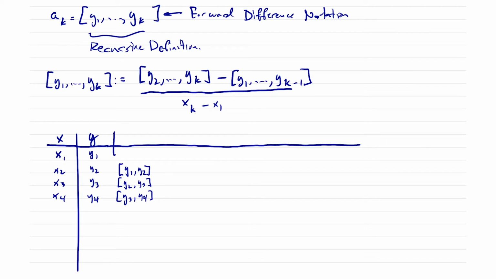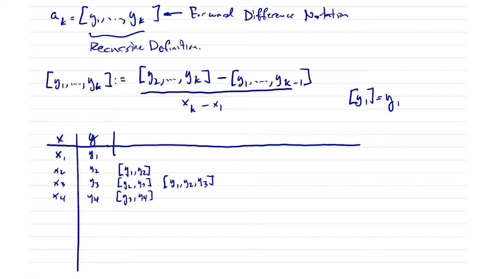And by the way, I should also mention that y1 in brackets is just y1. So all these guys are just level 1 brackets, but we don't really need to put those down. Okay, so good. And so now the next one I'd be looking for would go here. So it's going to be y1, y2, y3.